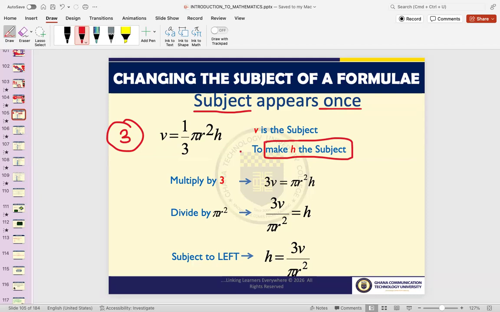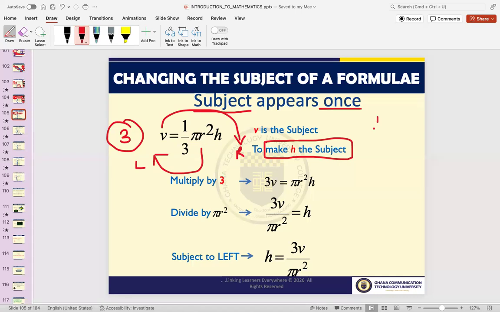So we still continue with this swap thing. Because we want h on the left, swap the whole of this to the left, and then swap the whole of this to the right. That's the first thing you do. So we are swapping the whole right to the left.